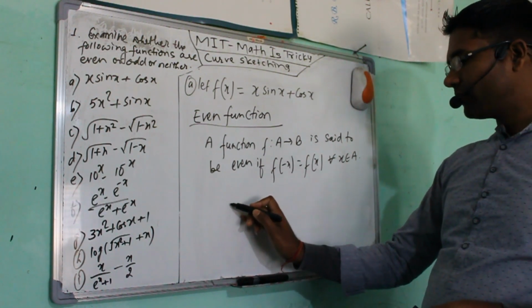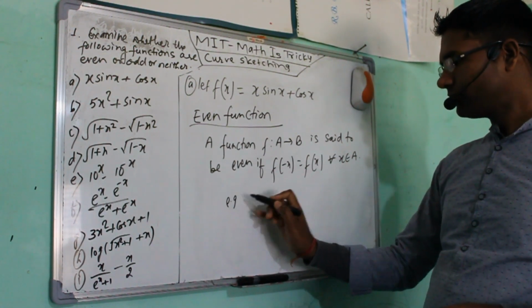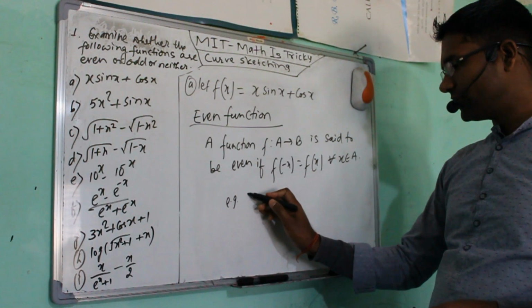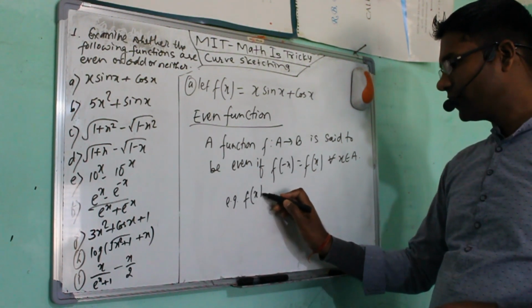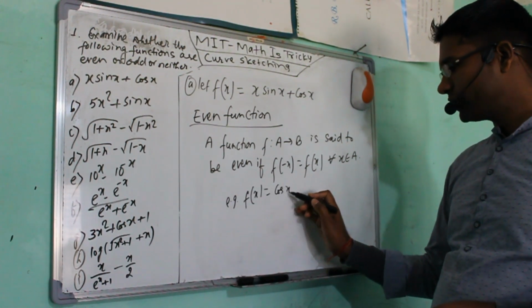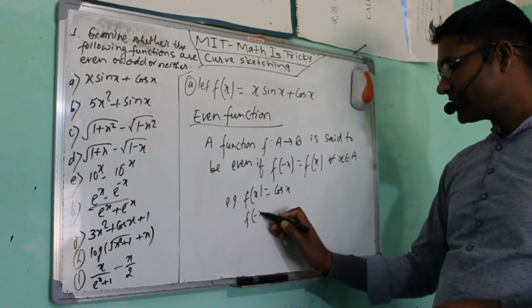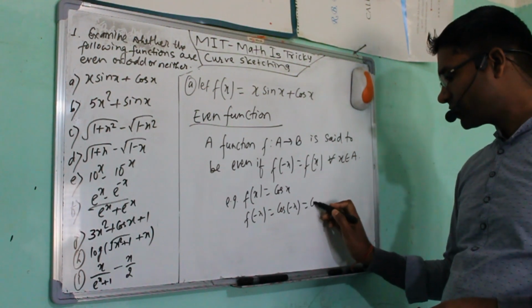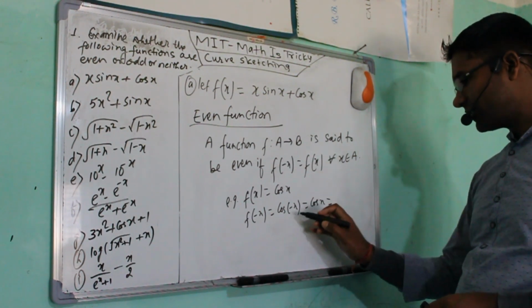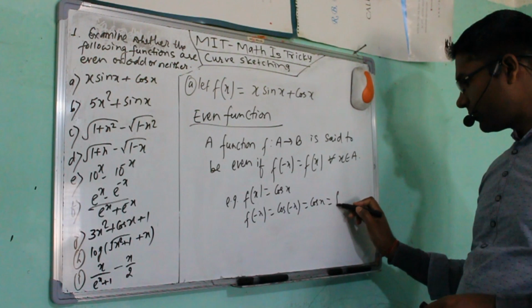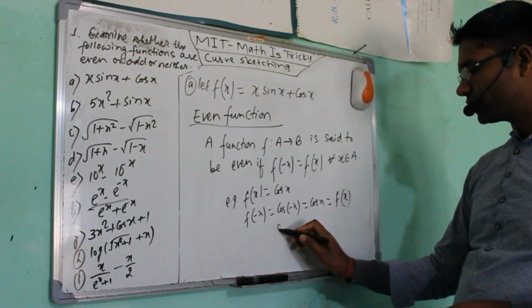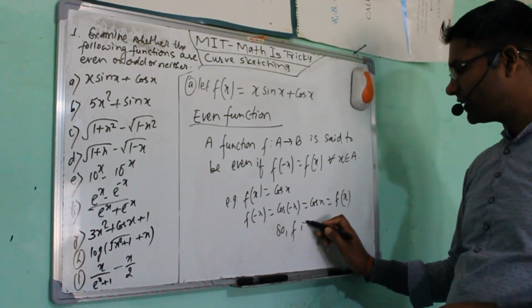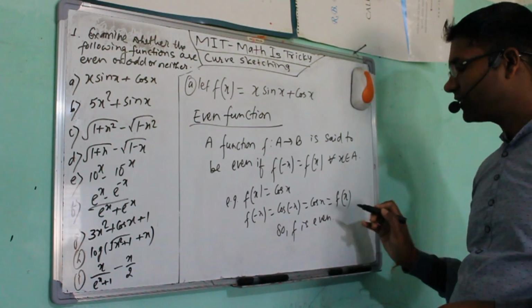Let's take an example: f(x) equals cos x. We know that f of minus x is cos of minus x, which equals cos x, which equals f of x. So f is even in this case.